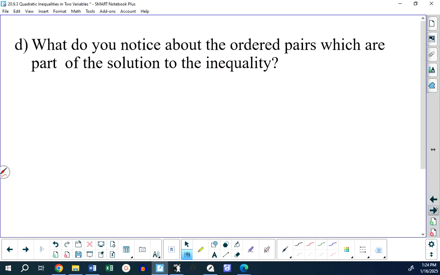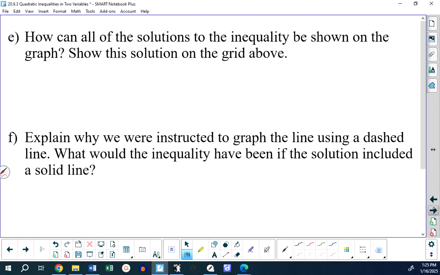They are all below the quadratic expression. Not below or on. If it's below or on, then it's less than or equal. How can all of the solutions be shown on the graph?